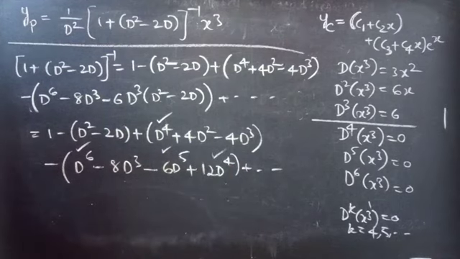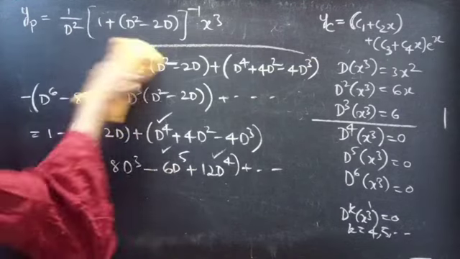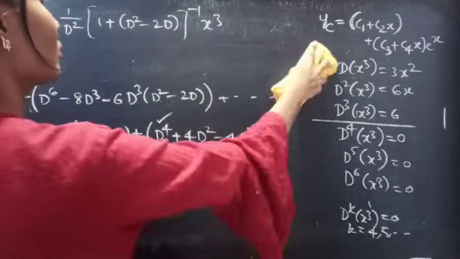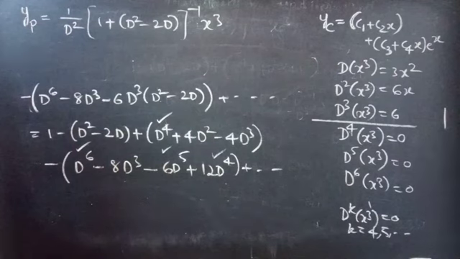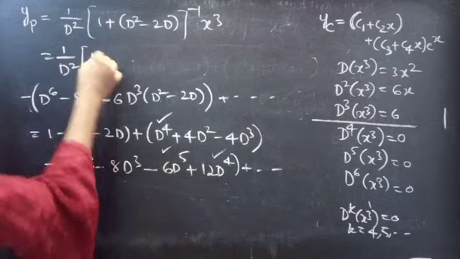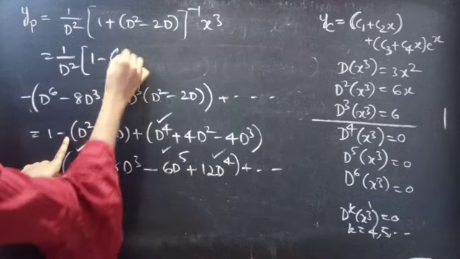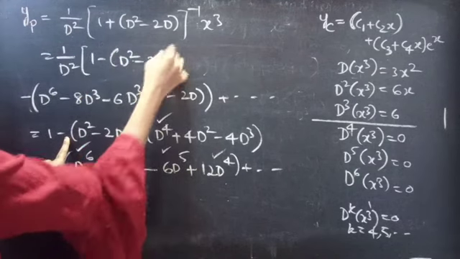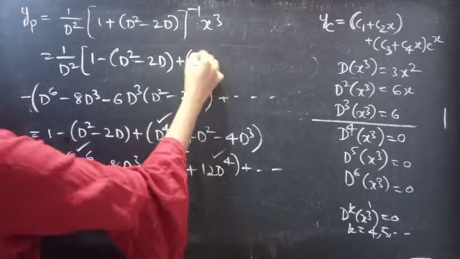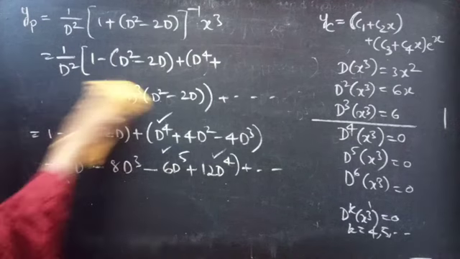So now, coming to yp is equals to 1 by d² into, let's write the expansion here, 1 − (d² − 2d) + d⁴ plus, okay, before writing this expansion you need to add one more step, right?